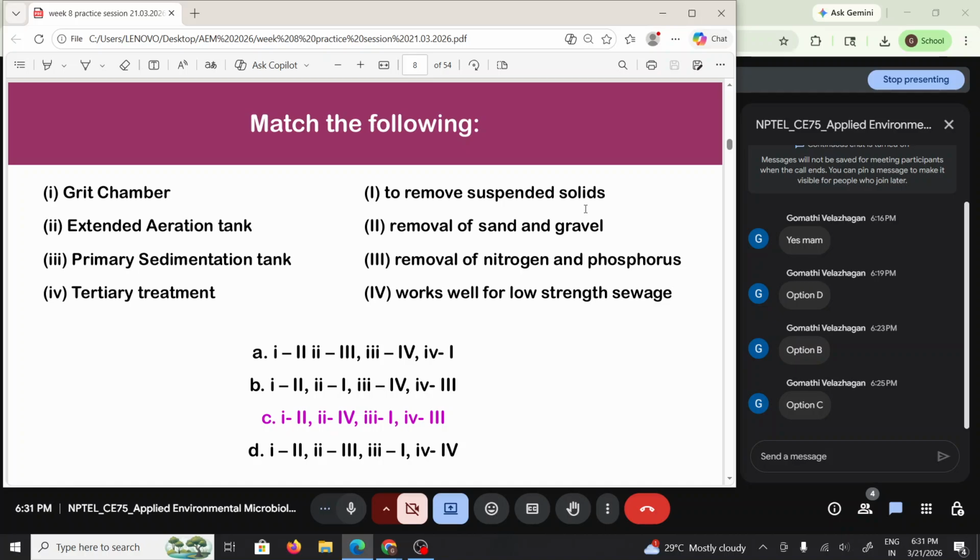The nutrients are not very high in concentration. So you provide some extended aeration, allow more oxygen supply, and the microbes can better perform in this condition. And hence an extended aeration tank works well for a low strength sewage.